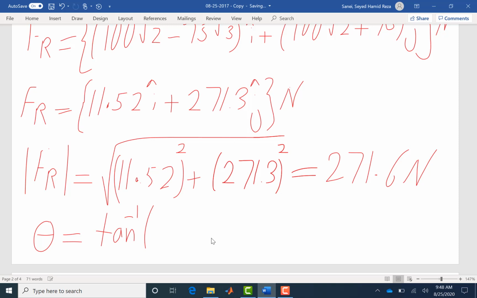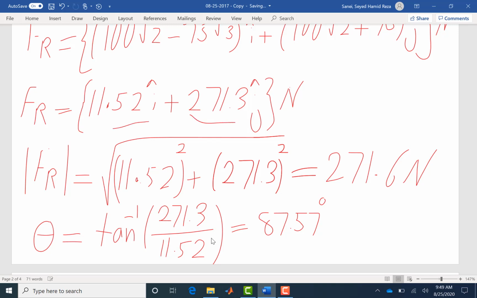What is the y component? 271.3. X component 11.2. The angle should be sharp, so it's 87.57 degrees. Well, the y component is much higher than the x component, so your vector will look something like this in the x and y coordinate system, because the y component is much higher than x.